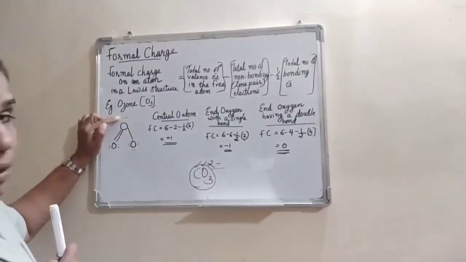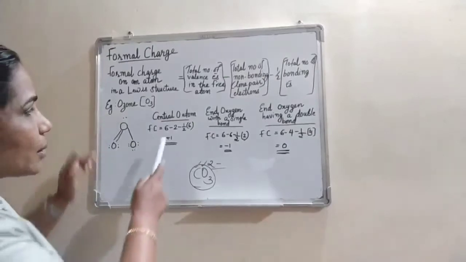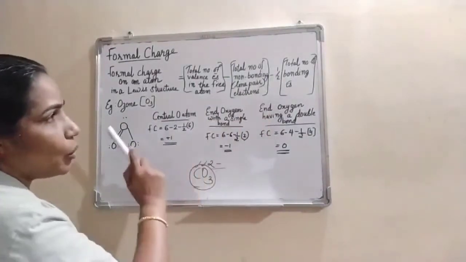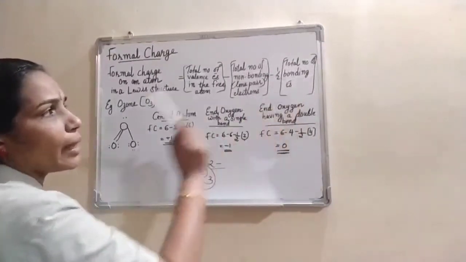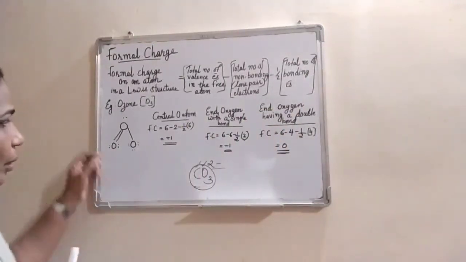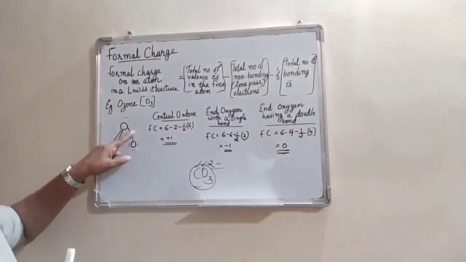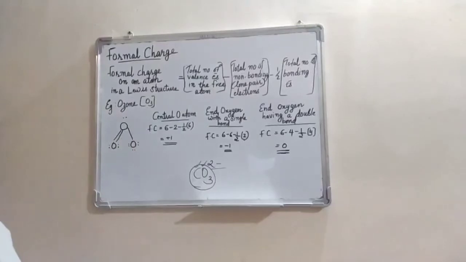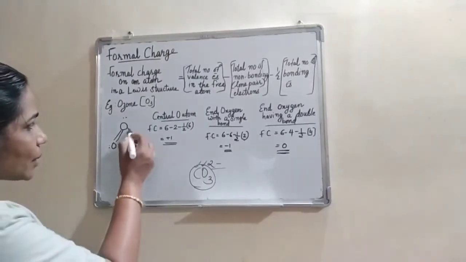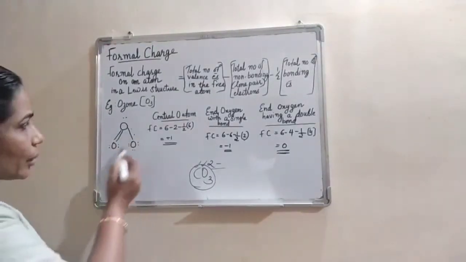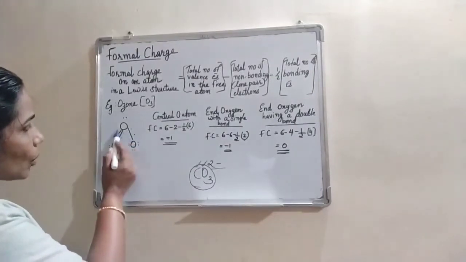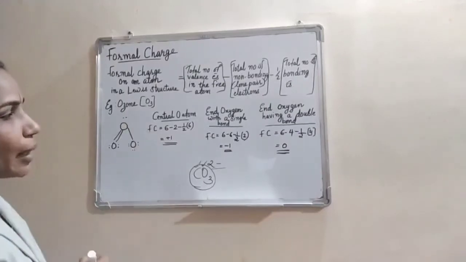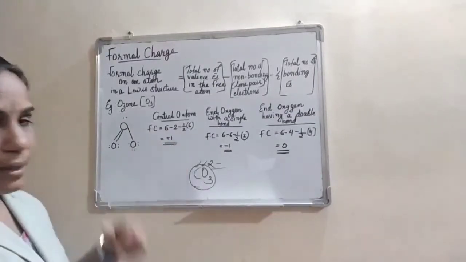Now lone pair of electrons is 1 pair, that is 2 electrons, minus half into total number of bonding electrons. How many bonding electrons? 2, 4, 6. Isn't it? 2 electrons in a bond. Then the number of bonding electrons is equal to 6.